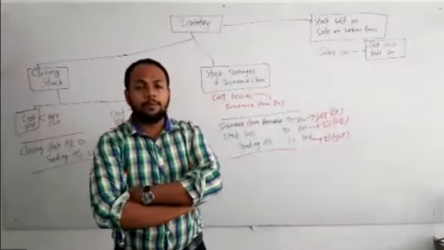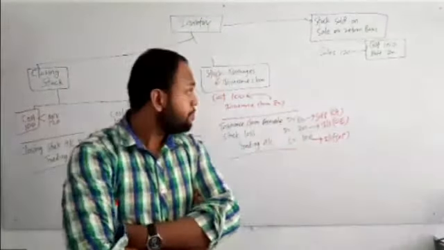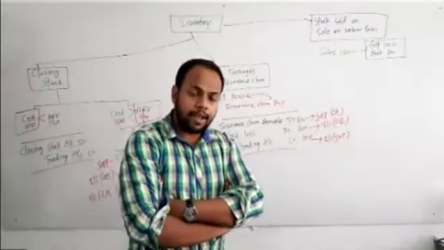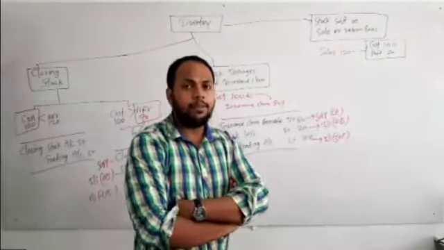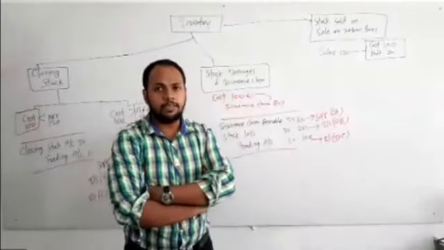Right? 20% profit on cost. So we are doing a sale of 120,000 with a profit margin of 20%.